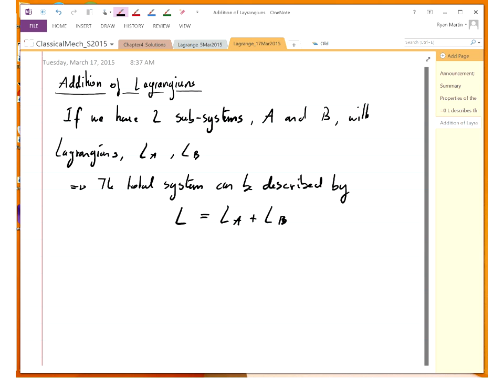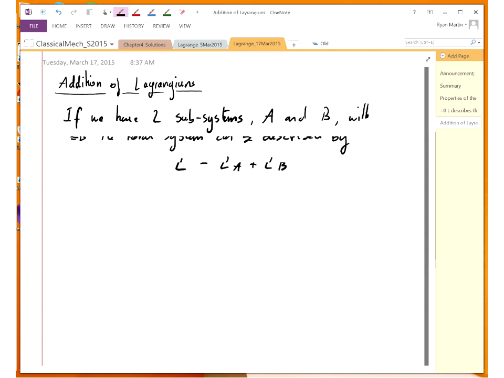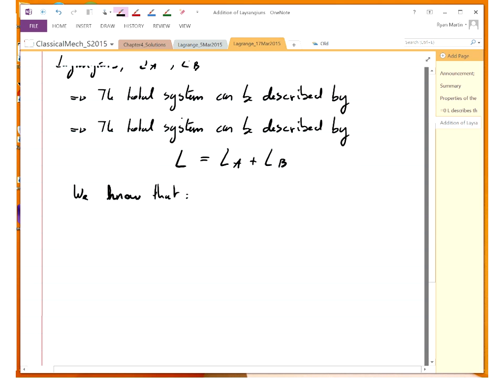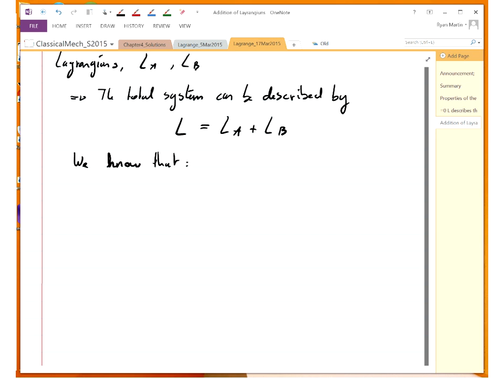But if you start from Hamilton's principle, then all we know is that the Lagrangian of each system satisfies the Euler-Lagrange equation. So since L_A and L_B are the correct Lagrangians for systems A and B, we know that the Euler-Lagrange equation is true for both systems.